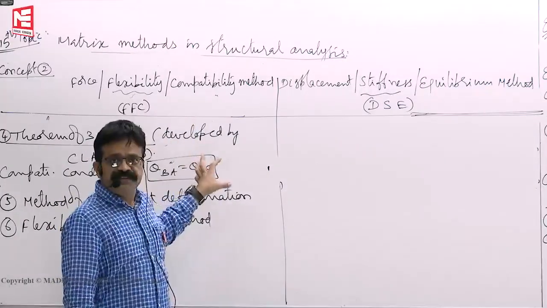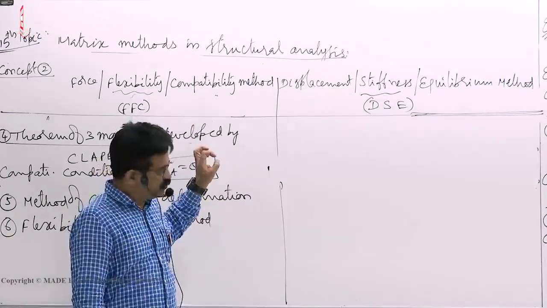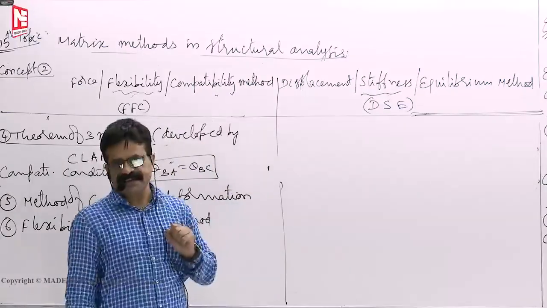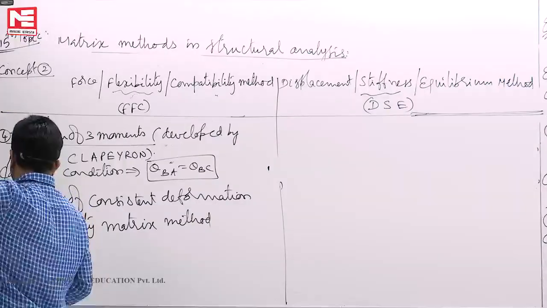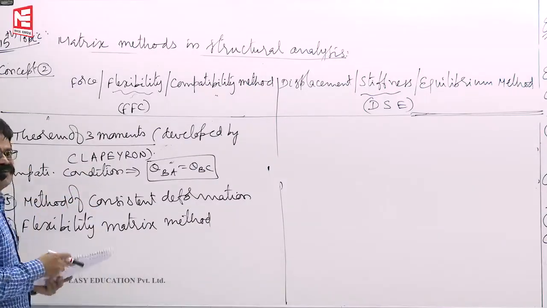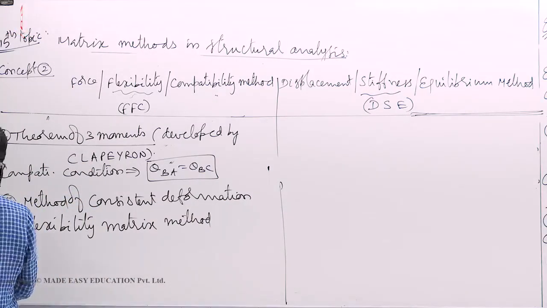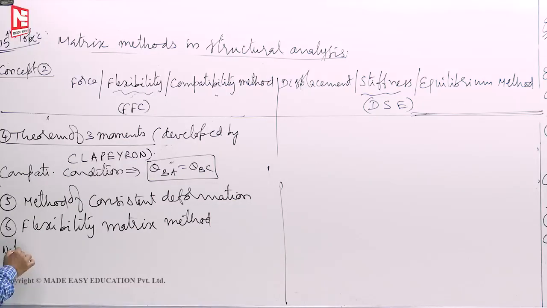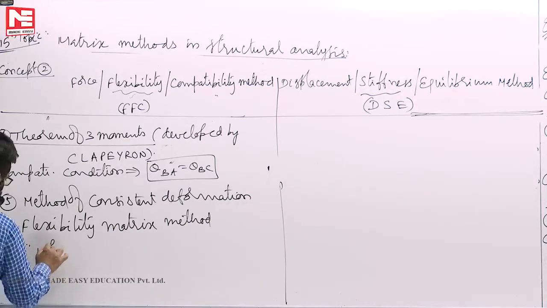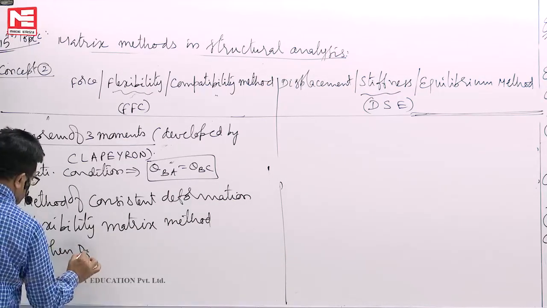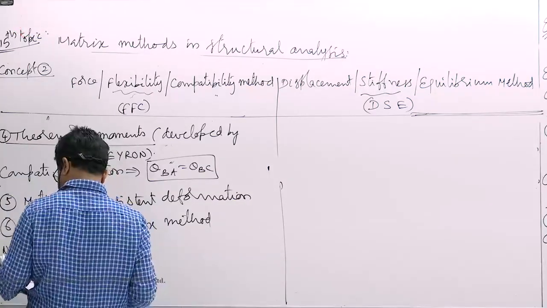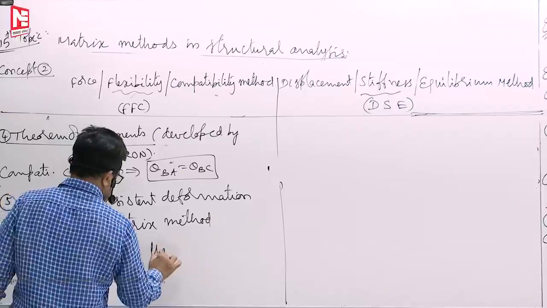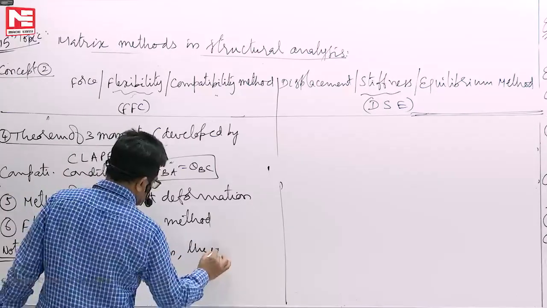So force methods of analysis are useful if Ds is less. Quickly we can get out of the problem. So the suitability of these methods is when Ds is less, then these methods are suitable.